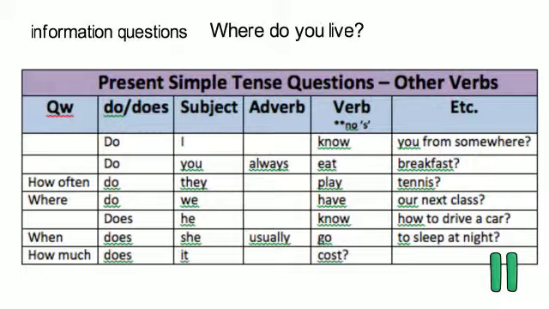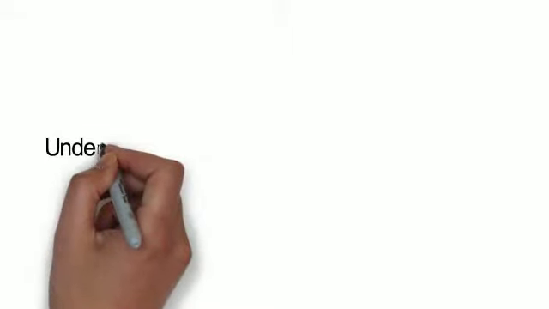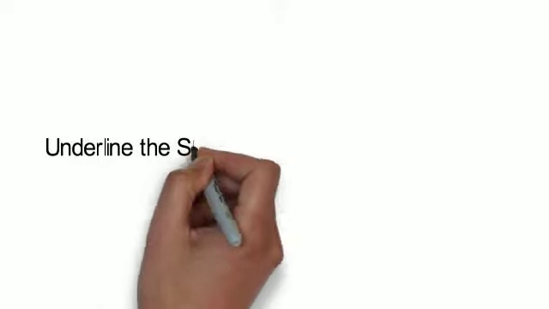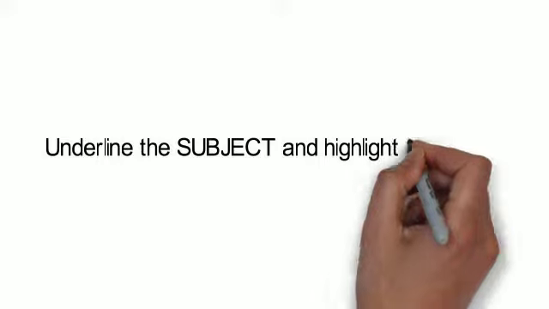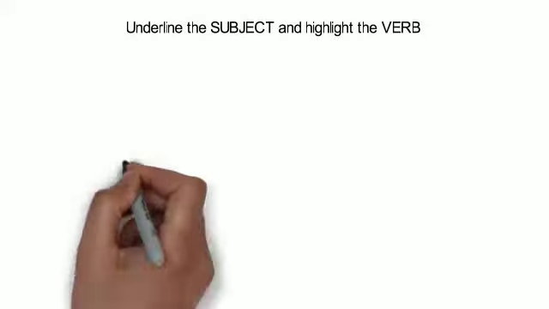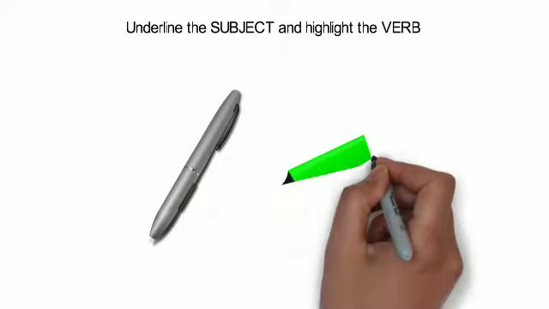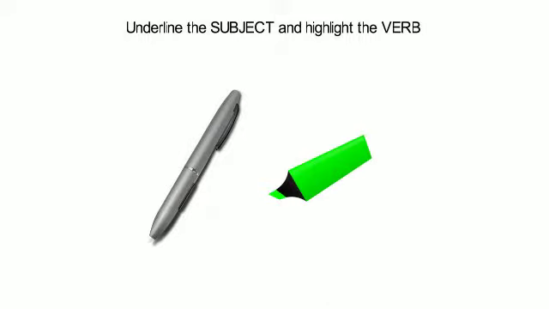Now let's look at some specific examples. For each one, let's underline the subject and highlight the verb. Look at the sentences on your note-taking sheet. Let's work together. You will need a pen and a highlighter. Are you ready?